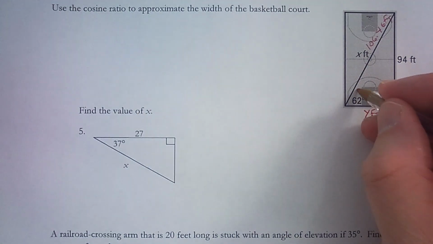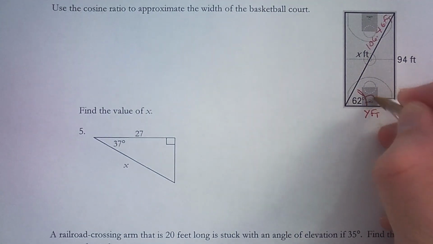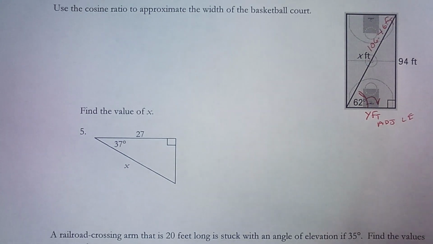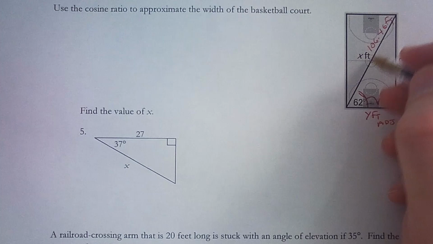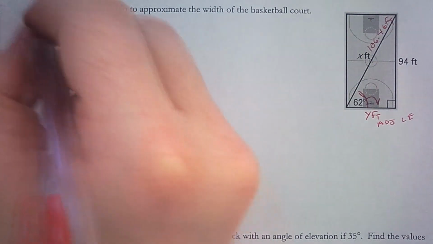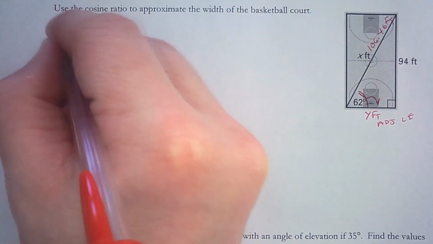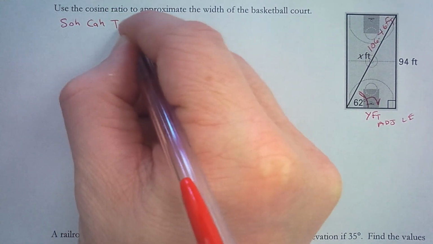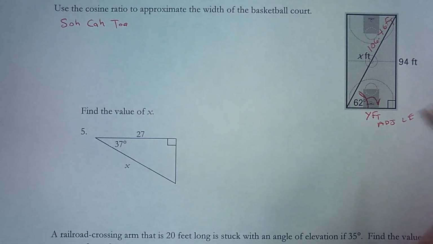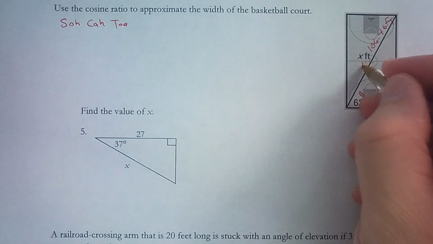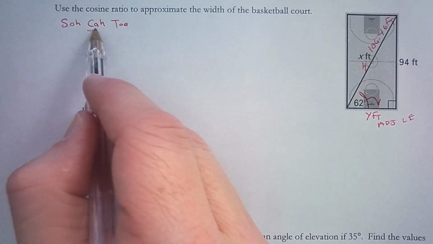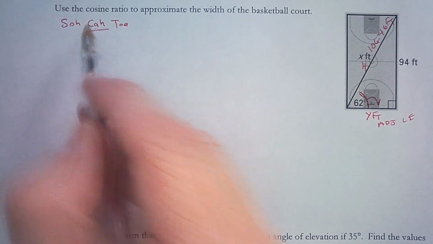Here's our angle measure, and y is the adjacent leg, and 106.46 is the hypotenuse. Now we had that word SOHCAHTOA, S-O-H-C-A-H-T-O-A, and here we're dealing with the adjacent leg and the hypotenuse. Adjacent leg and hypotenuse is cosine. So we are using cosine here.